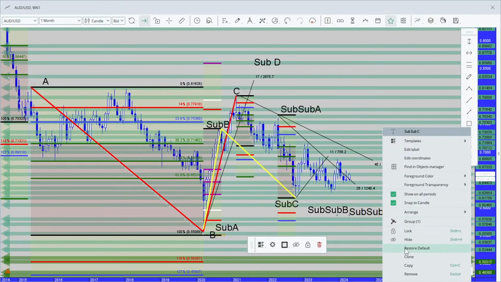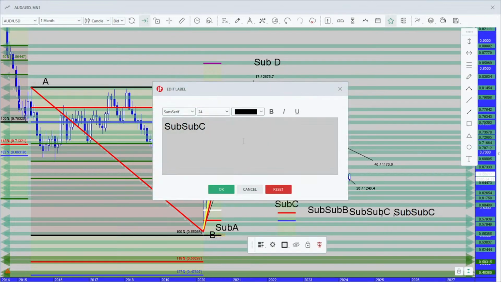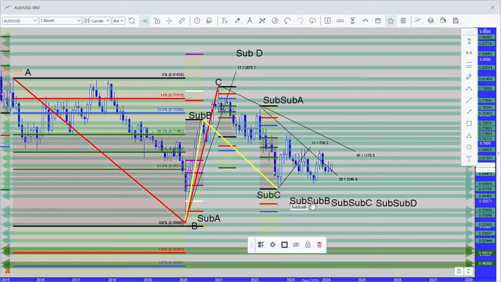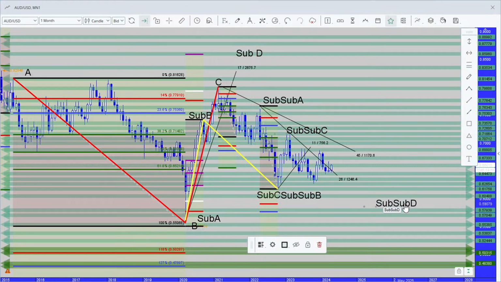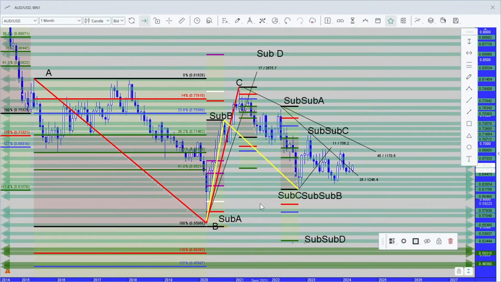And one last time, clone, right click and edit label, sub D, sub A, sub B, sub C, and the projected green goes to green, sub D. AUD/USD monthly chart is down in here. So how to chart, where to start the confirmation, when to start, yeah, it's too confusing, right? I'm going to delete this one, don't worry. Alright?